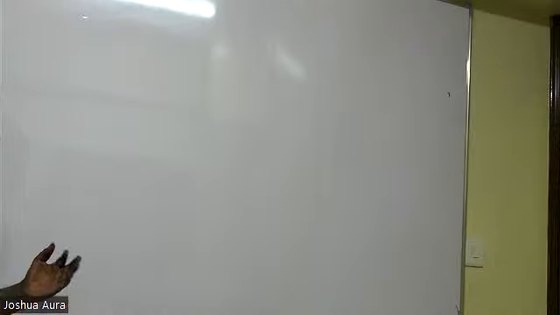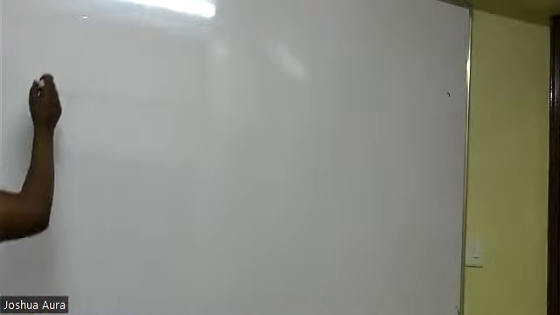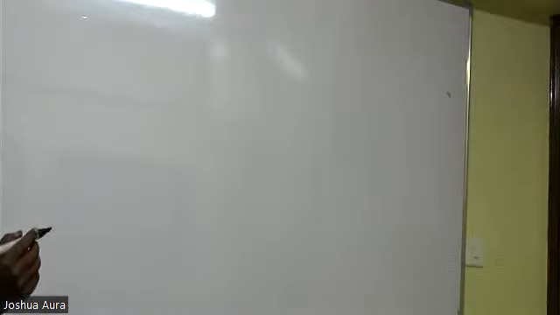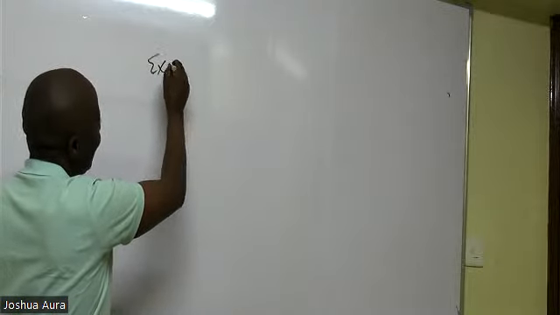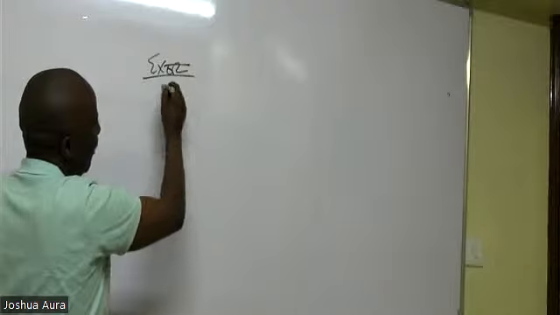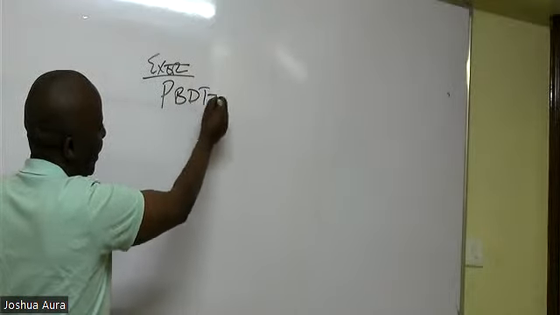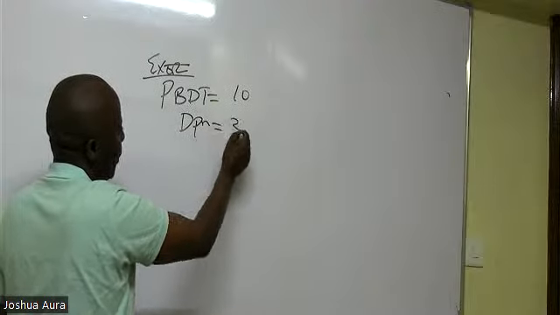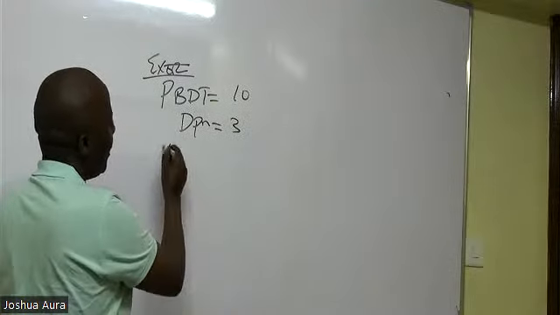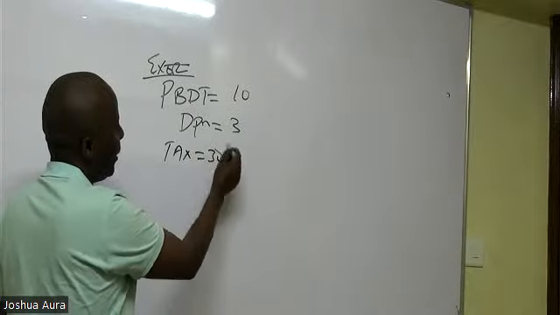Now, ladies and gentlemen, if, for example, you are given this profit, these are basically exercises to help you. You're given profit before depreciation and tax of, say, 10, and then they give you depreciation of, say, 3, and then tax is 30%.